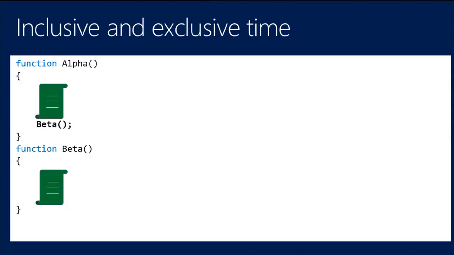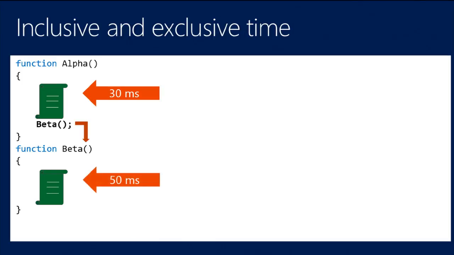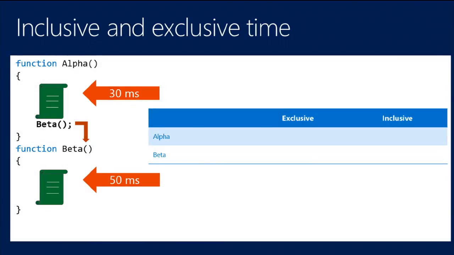We have alpha that calls beta. And let's say that alpha takes 30 milliseconds. Once we call beta, beta takes 50 milliseconds. And for practice, I'll give you the first one. Beta takes 50 milliseconds, which we knew. So inclusive time would be 50 milliseconds.